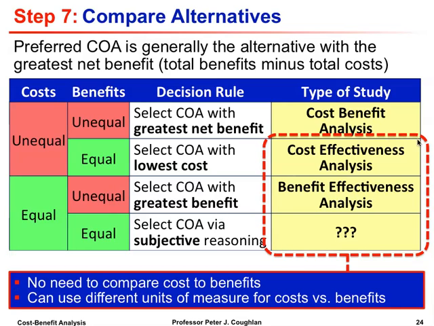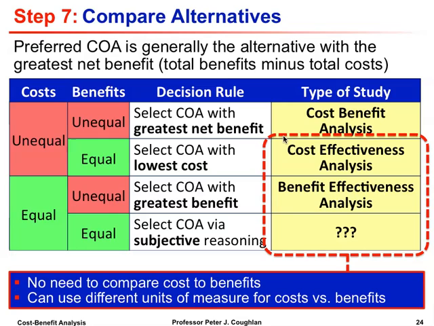But in those cases, notice that in one, you're selecting the lowest cost, and in the other, the greatest benefit. There's no need to compare cost to benefits, because in cost effectiveness analysis, everything has the equal benefit. In benefit effectiveness analysis, everything has the same cost. So we don't need to put costs and benefits along the same measure, because everything's got the same benefits or the same costs, and therefore we only have to look at one side of the equation.